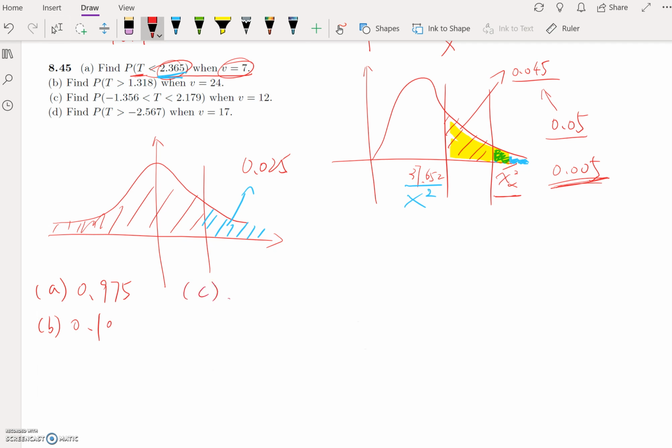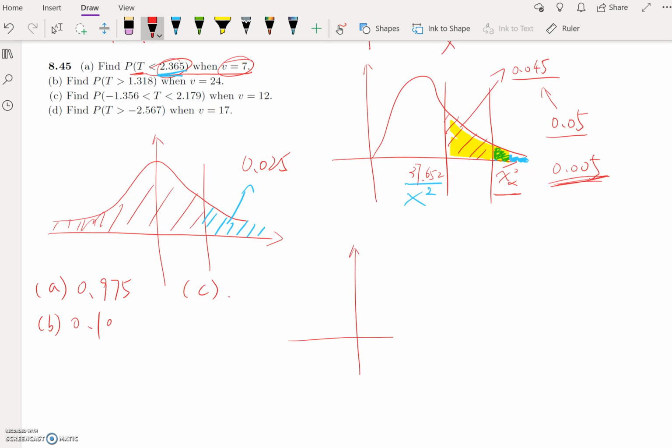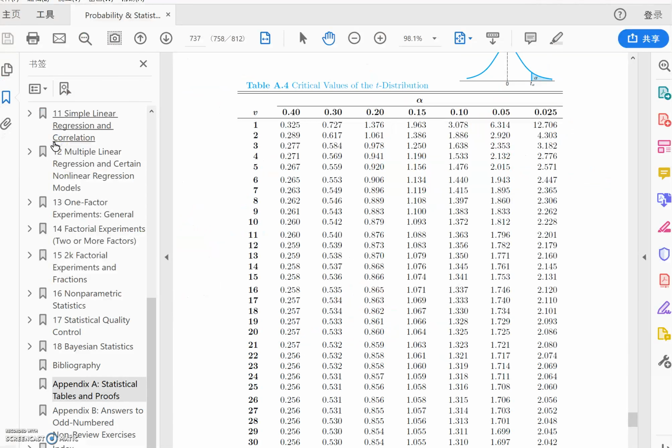For problem C, we want to find the area under the curve between minus 1.356 and 2.179. So we can look at the table here.